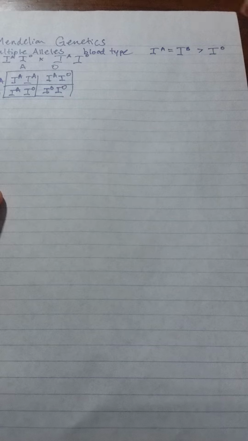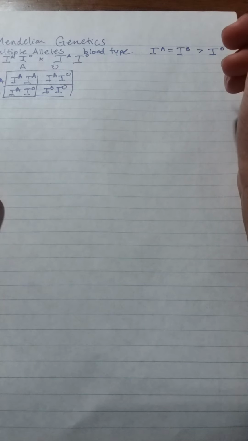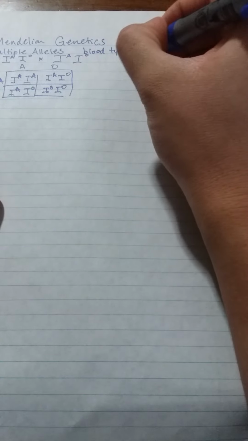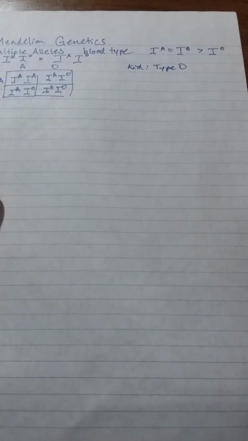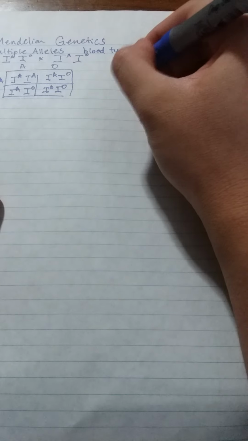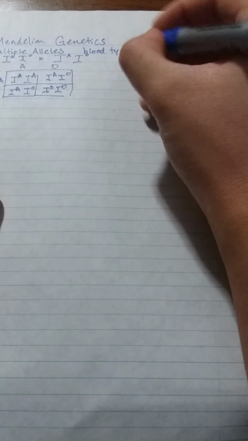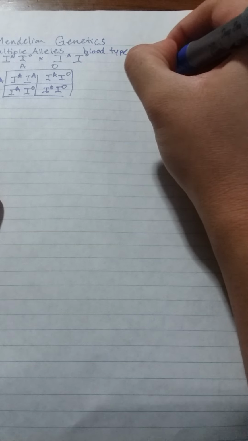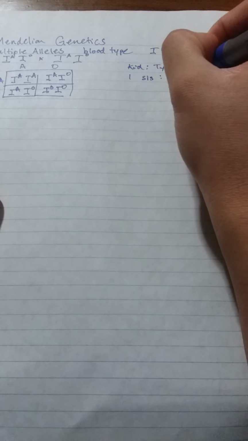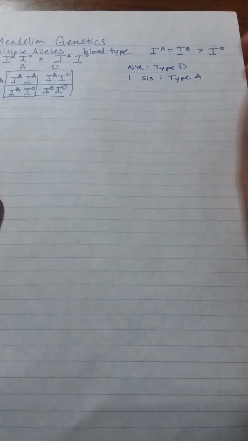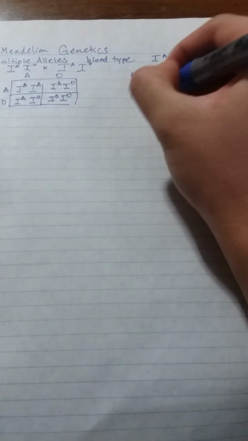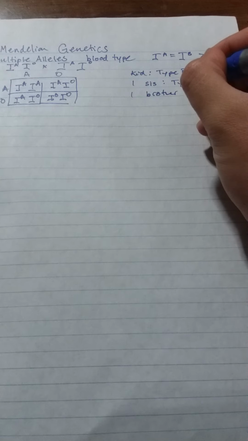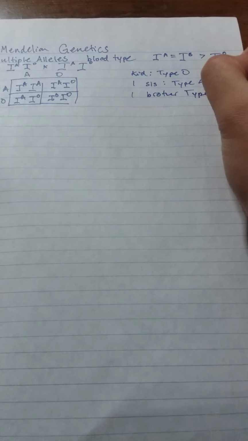Okay, so let's say we are trying to guess this with the blood type example for multiple alleles. Let's say that we have a kid who's type O. They have a sibling, let's say a sister, that's type A. And they also have a brother that's type AB.